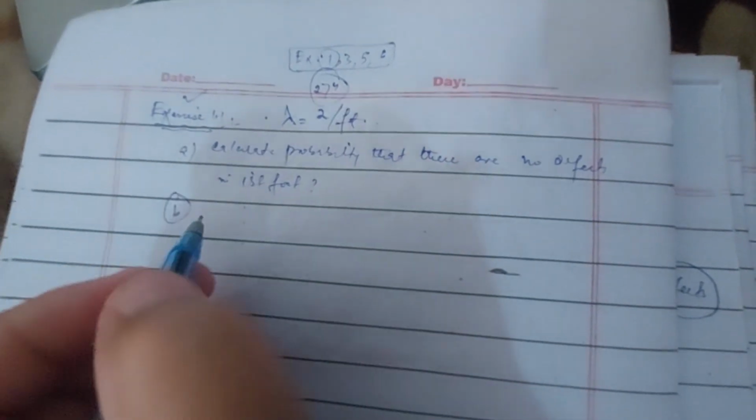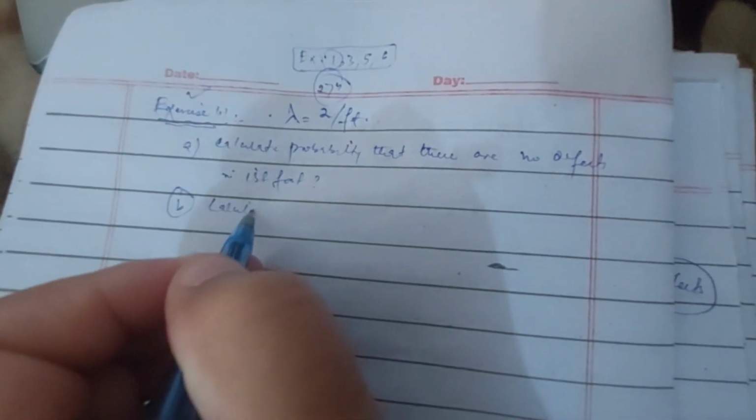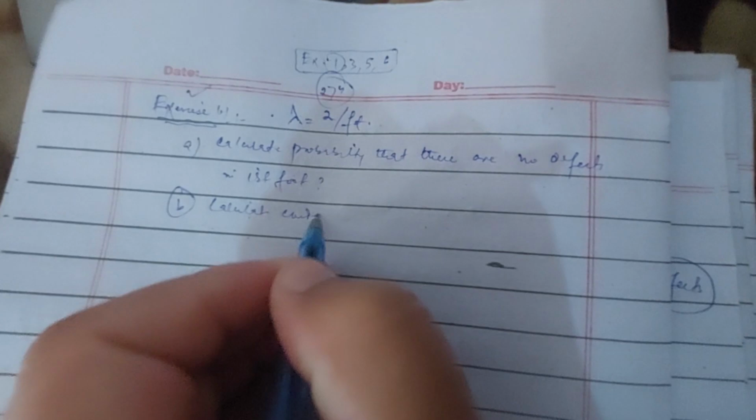and the second is to calculate the conditional probability.